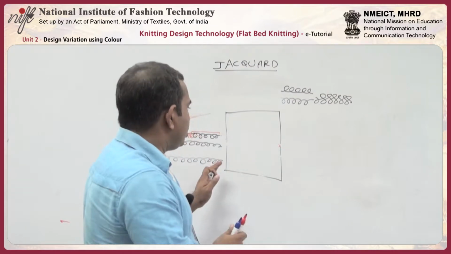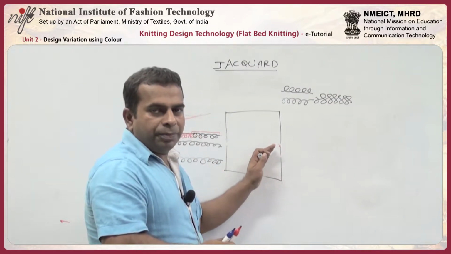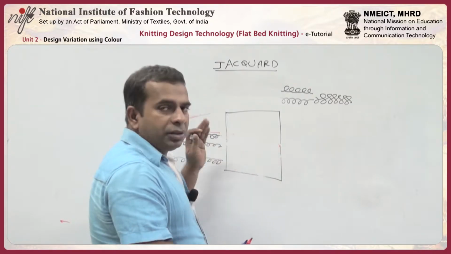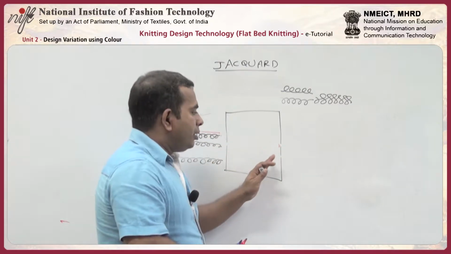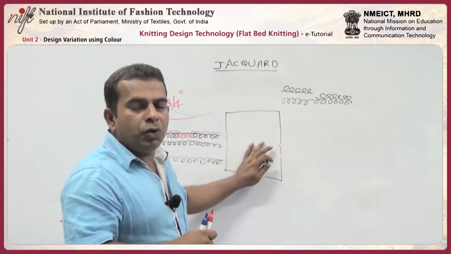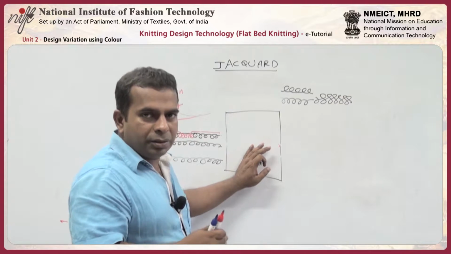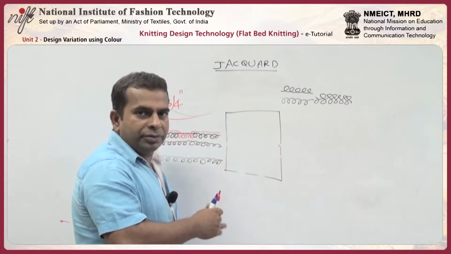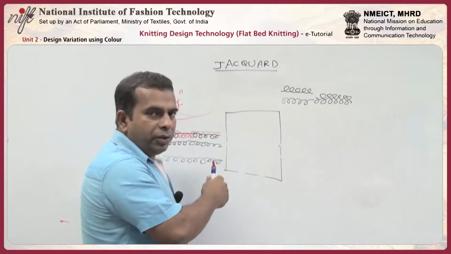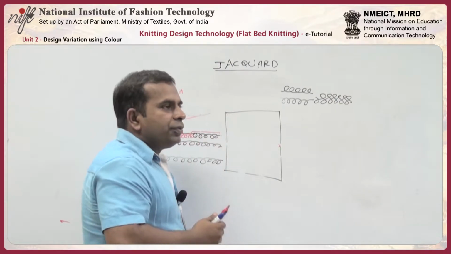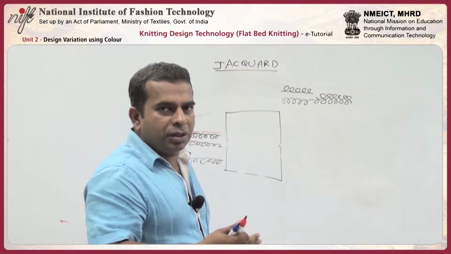We have seen tubular jacquard or reversible jacquard with 2 colors, as well as a single jersey jacquard. Now let's say if we need more colors in it, and these are bigger repeat areas. So we cannot have tubular jacquard, we also cannot have single jersey jacquard or the float jacquard. So we need to go for a different kind of jacquard.